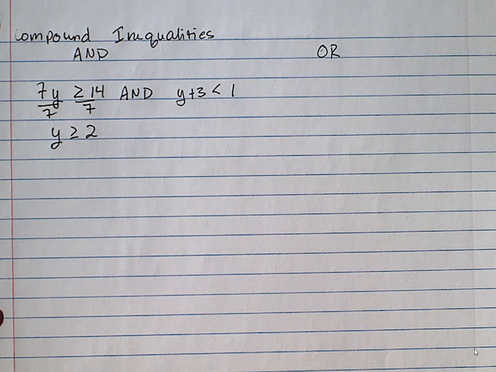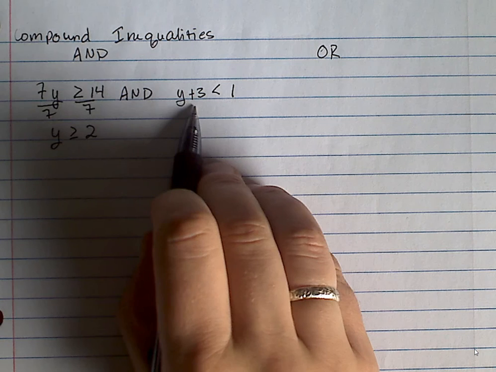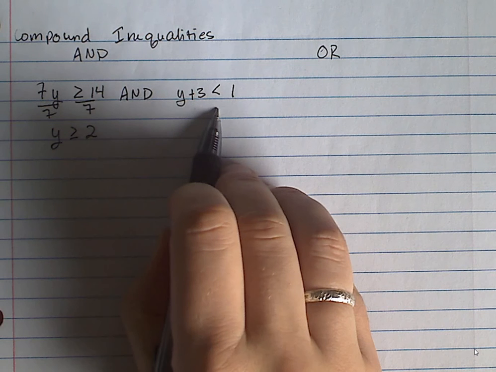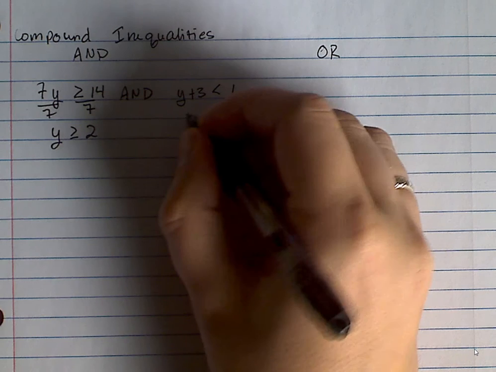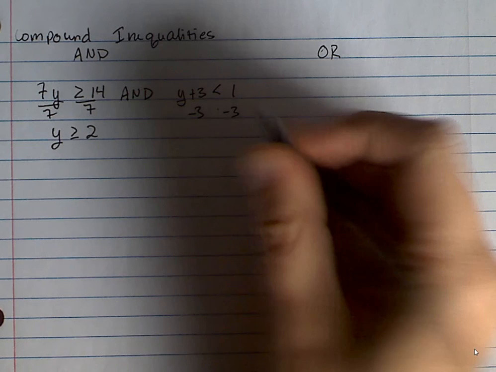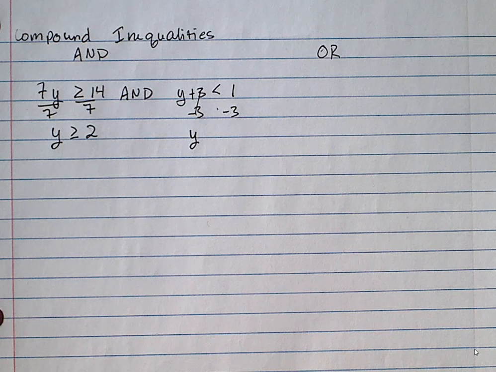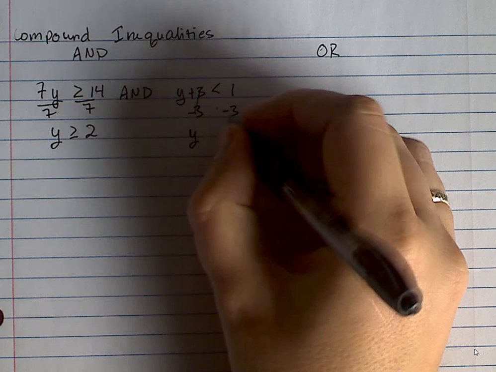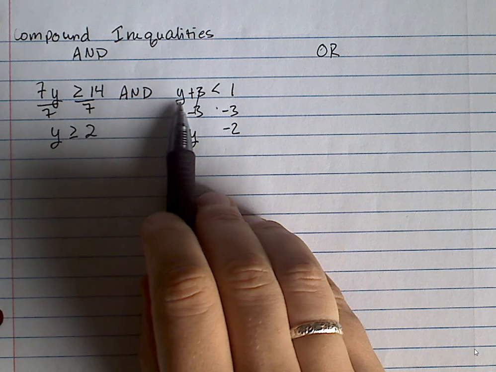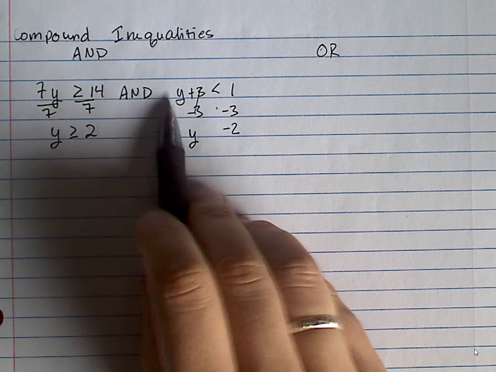Subtract. So subtract 3 from both sides. This cancels, so I've got y, and then what's 1 minus 3? Negative 2. Is the number in front of the variable negative? No, so I don't need to flip the inequality.